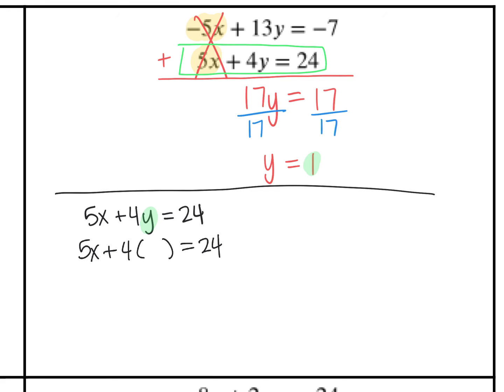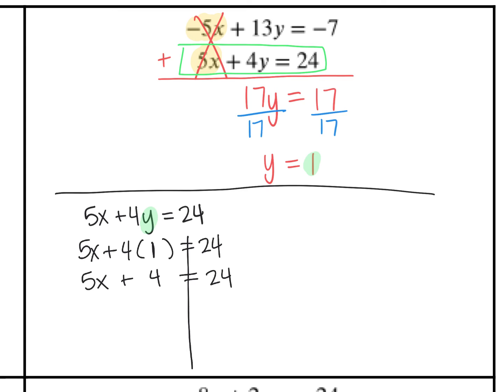I took out y, and now I'm replacing y with what it's equal to, which is 1. So now we can solve, okay? Now, whenever I see parentheses, I always think, oh, I bet there might be some multiplication. So I check for that first. And here, this is just 4 times 1. 4 times 1 is just 4, so I'll just rewrite this as 5x plus 4 equals 24.